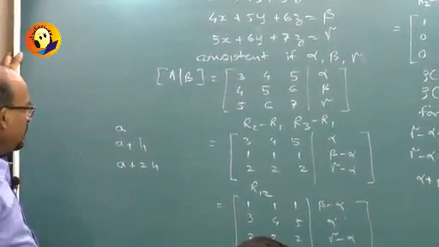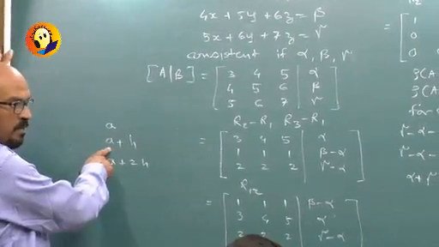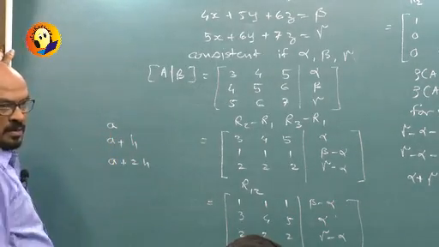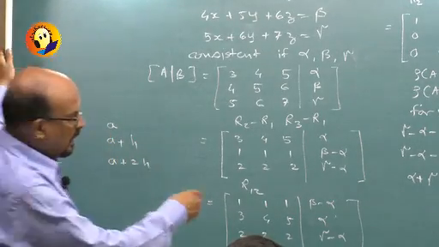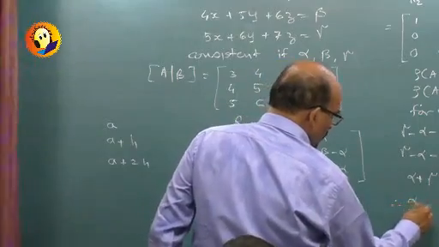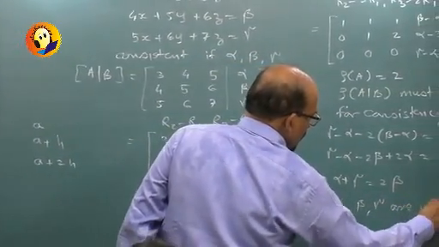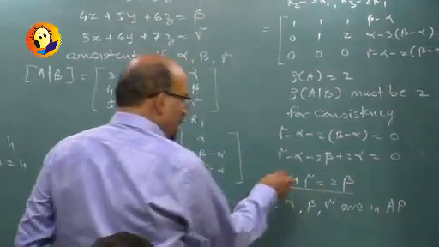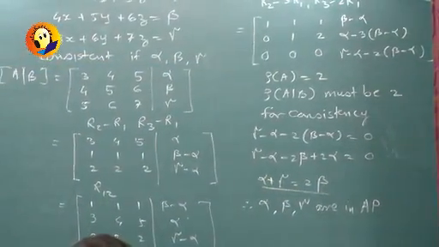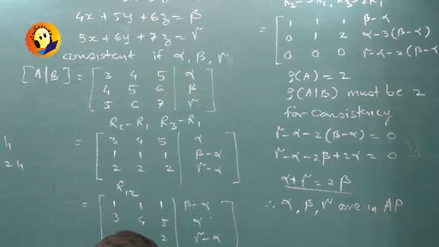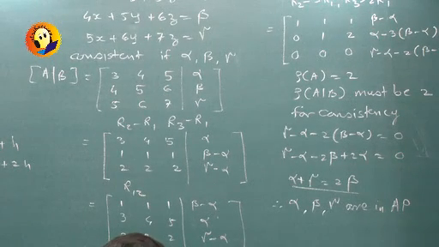And the property is that twice the middle term equals first plus third. And so we say that therefore alpha, beta, gamma are in AP. This is the property itself: first term plus third term is twice the middle term. Right? Make a note.